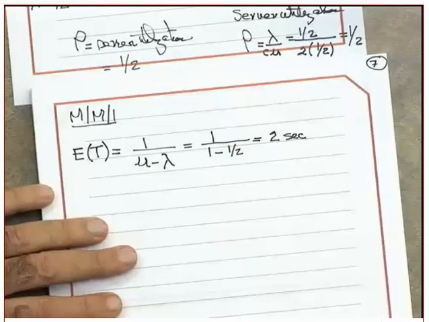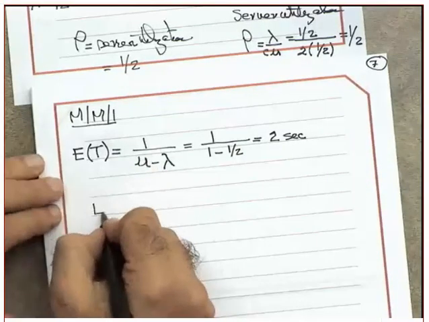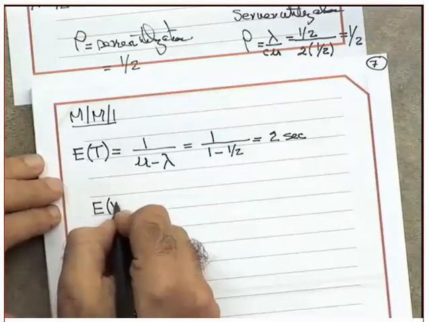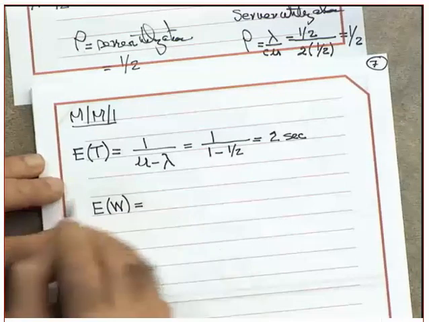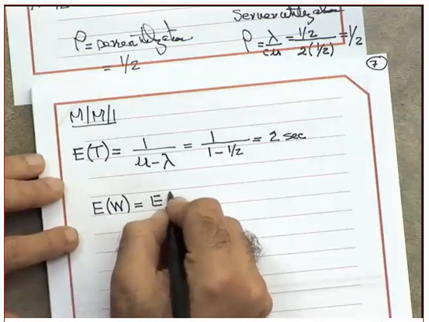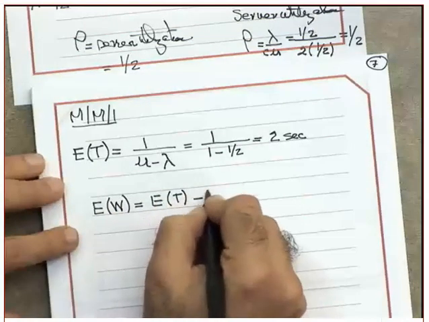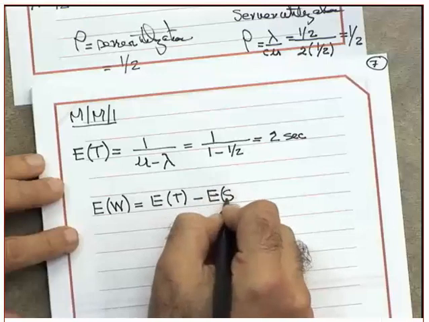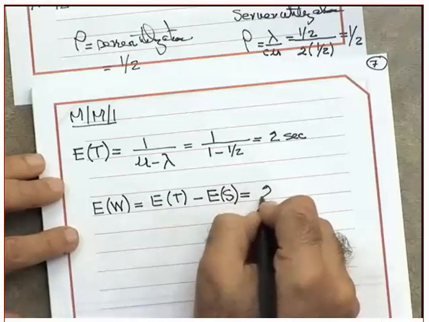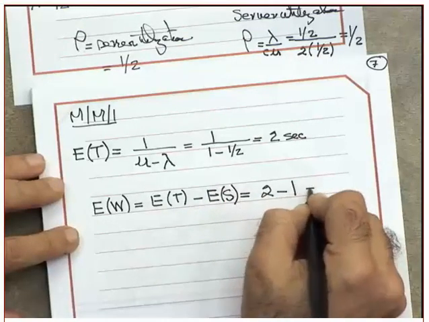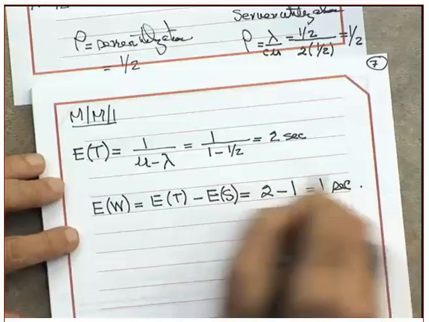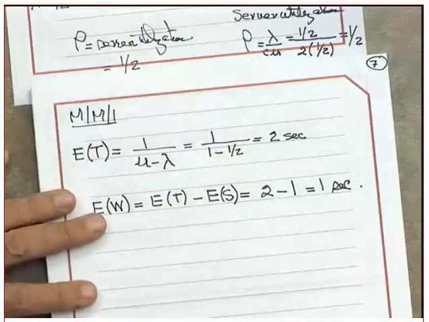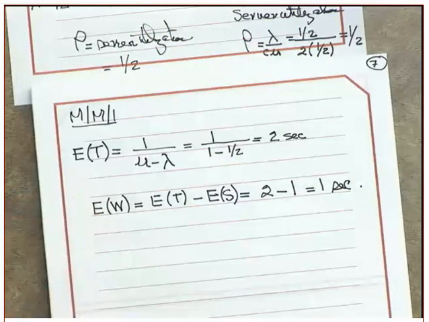Clear? Okay. And what is E of W? E of W is equal to E of T minus E of S, which is 2 minus 1. And that's 1 second. And we are done with the M/M/1. Did you get it or not? Cannot hear you. M/M/1 is pretty straightforward.